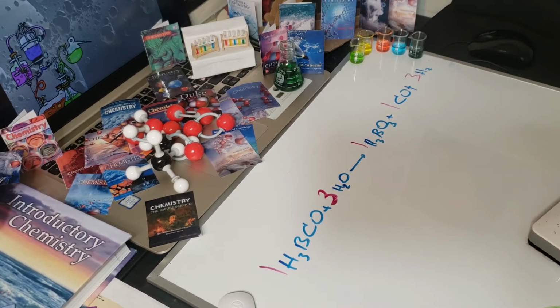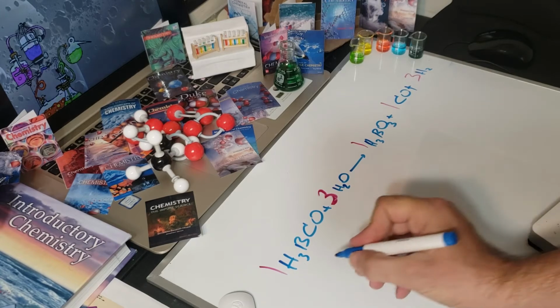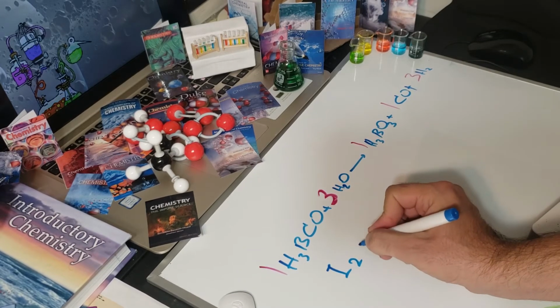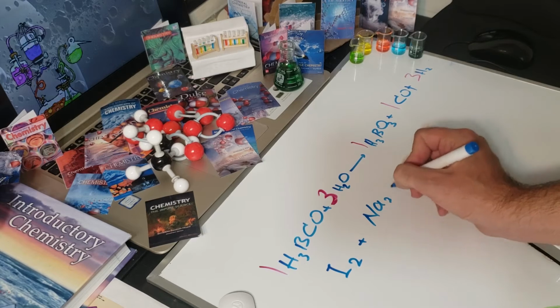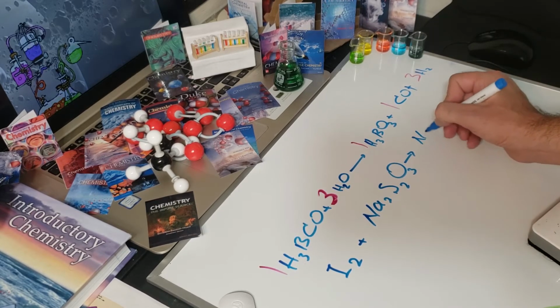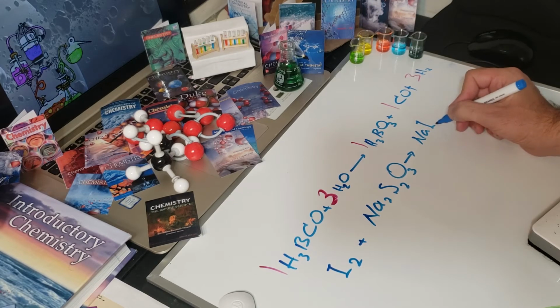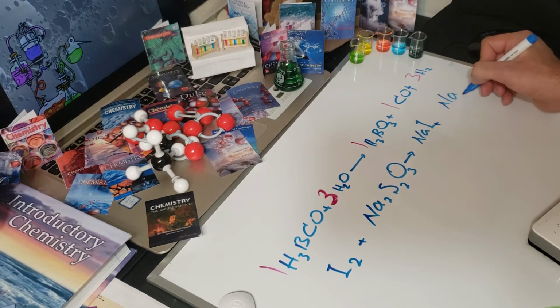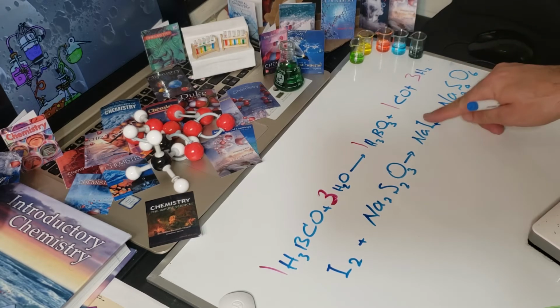Let's do yet another reaction. Let's do I2 plus Na2S2O3 gives you NaI and Na2S4O6.